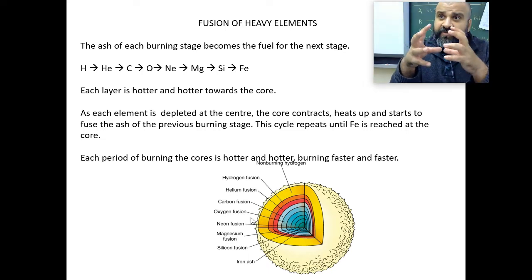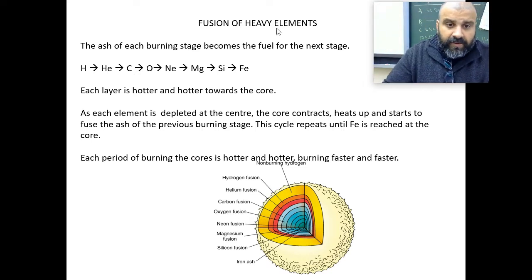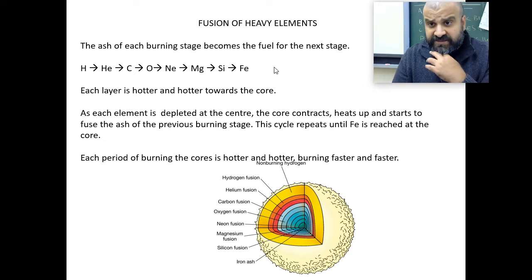When only oxygen remains, the core collapses due to gravity, gets super hot, enough to fuse oxygen into neon, and so on. So each core gets hotter and hotter. And each core that gets hotter starts going through its fusion process faster and faster.